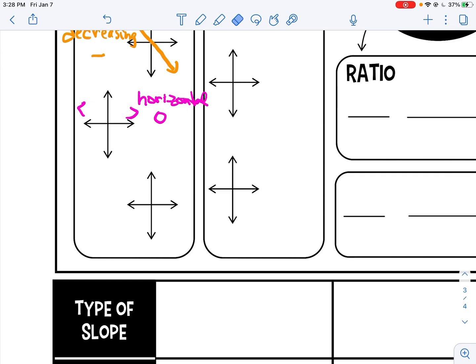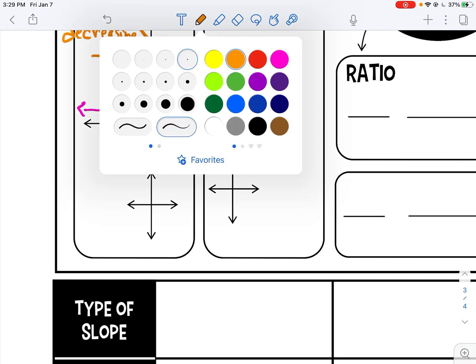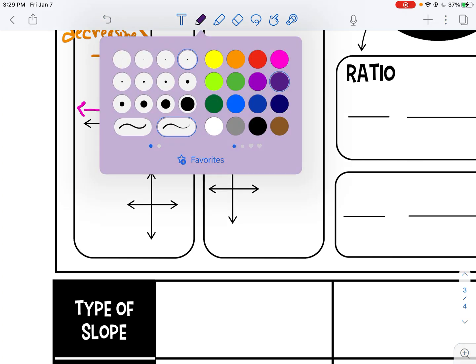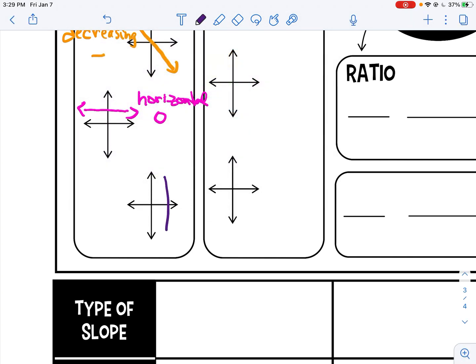Oops, I didn't mean to do that. Let's see if I can make a better horizontal line. That's a little bit better. Then, last but not least, we have a vertical line, and that's a horrible vertical line also. And when it's a vertical line, then it has an undefined slope.